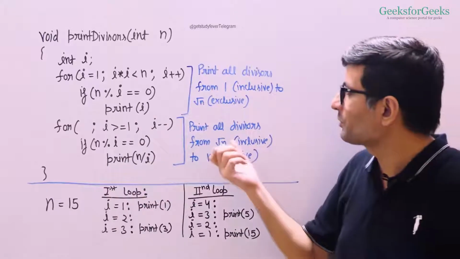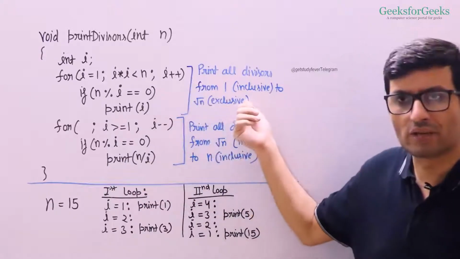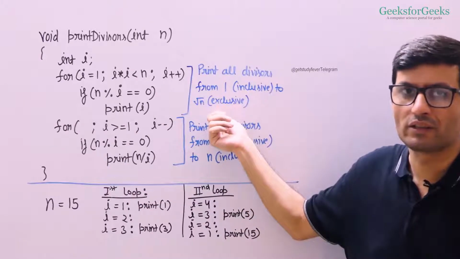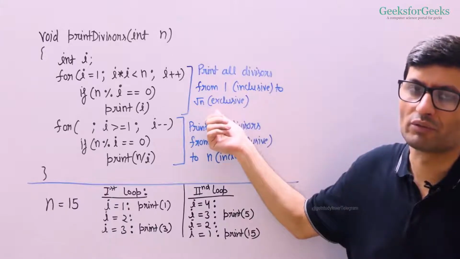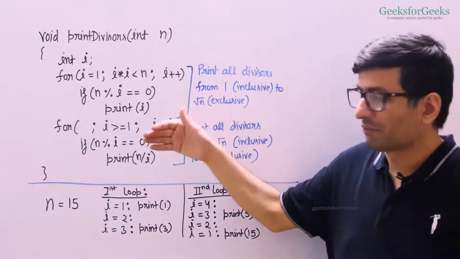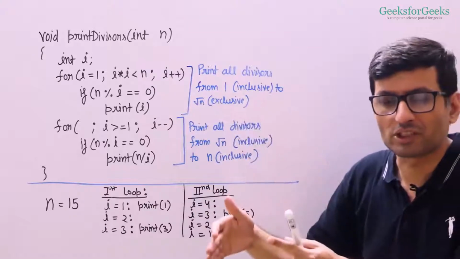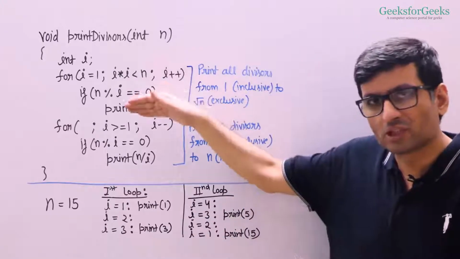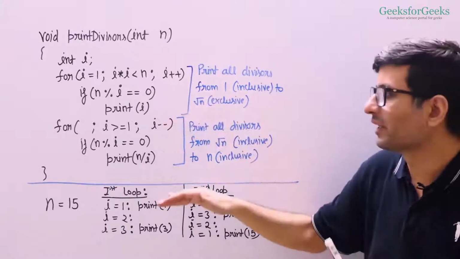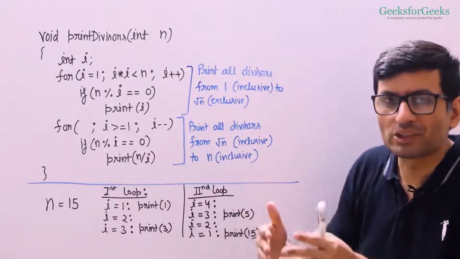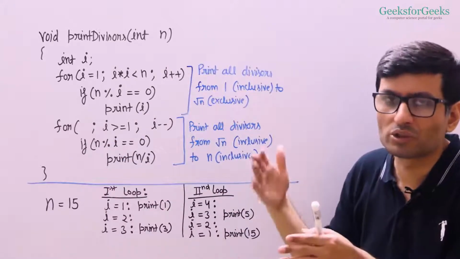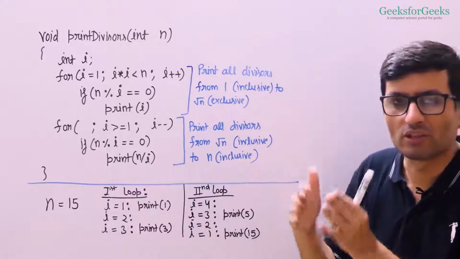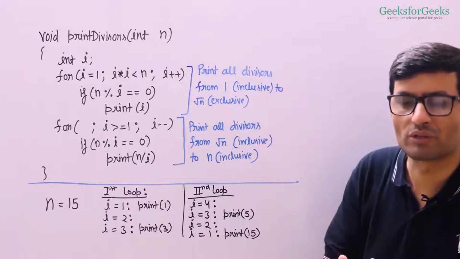So we have two loops. The first loop prints all the divisors from 1 to square root of n. One is inclusive and the square root of n is exclusive. Which means if a number is a perfect square like 100, then the first loop is not going to print 10, right? The second loop begins with the square root of n and goes till n, and it prints all the divisors in the range from square root of n to n.